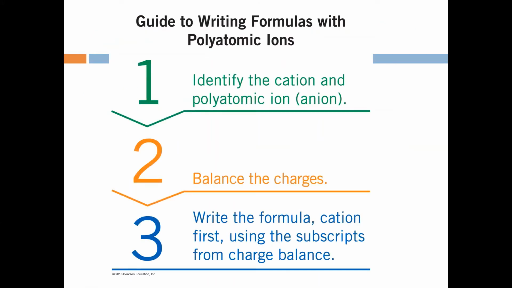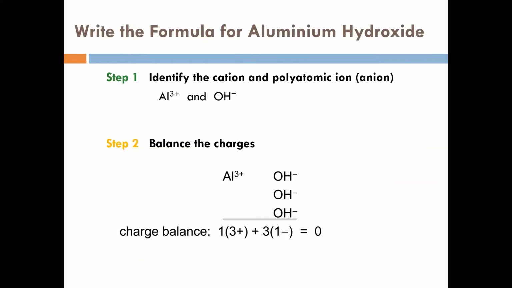So when we write these, you have to identify the cation and then the polyatomic anion, balance those charges, and write the cation first and then the anion. If I'm looking at aluminum hydroxide, the hydroxides are common bases, really important strong bases.